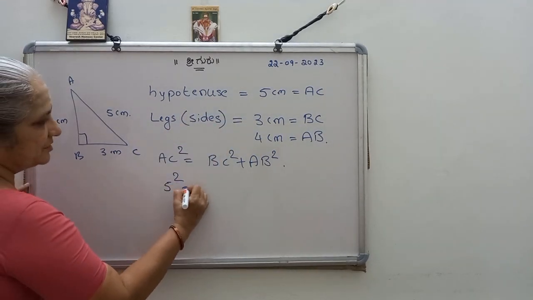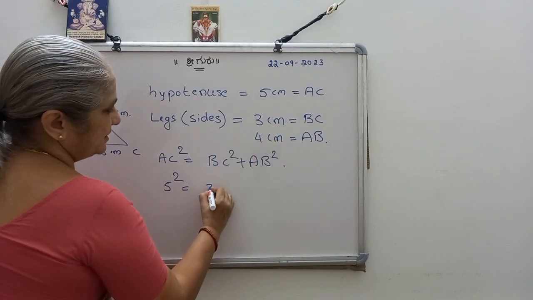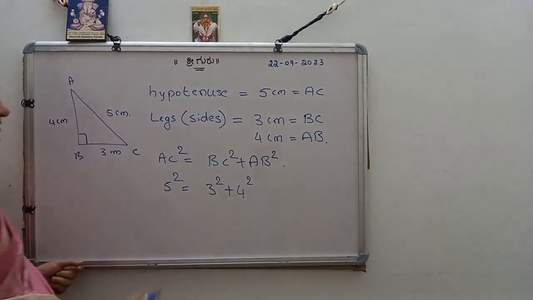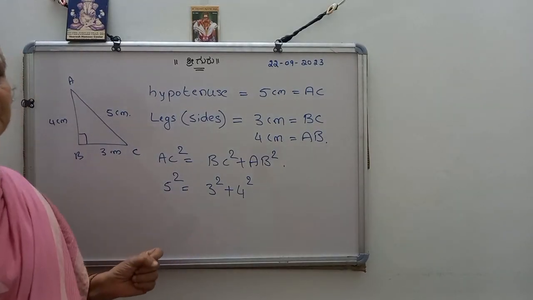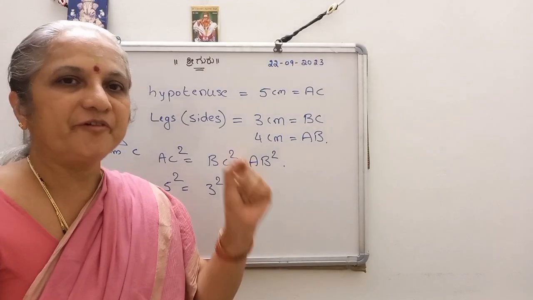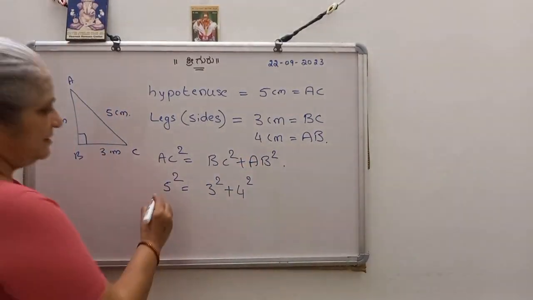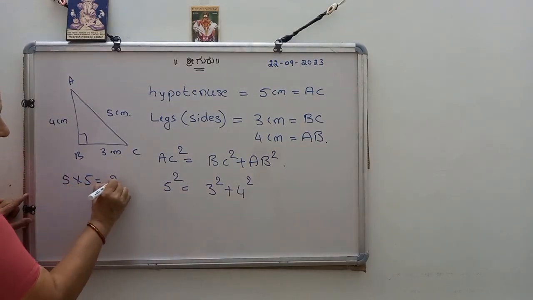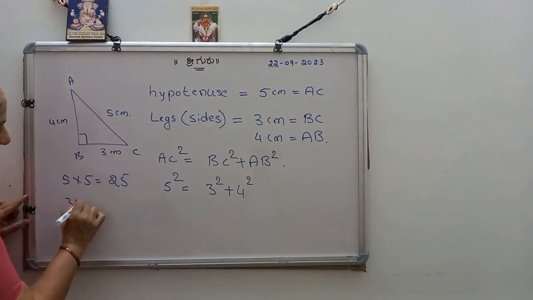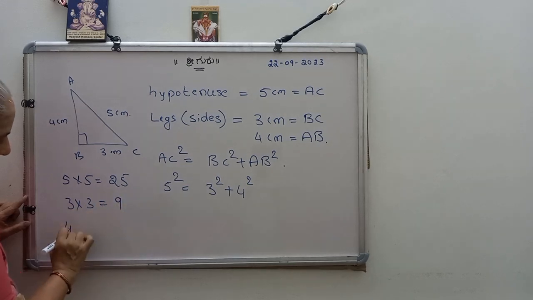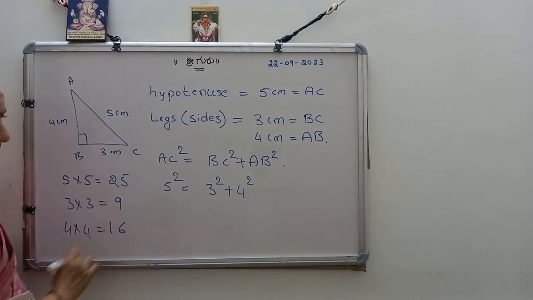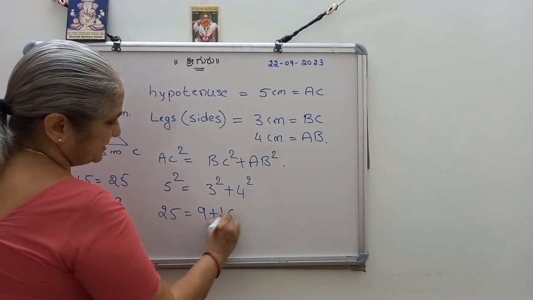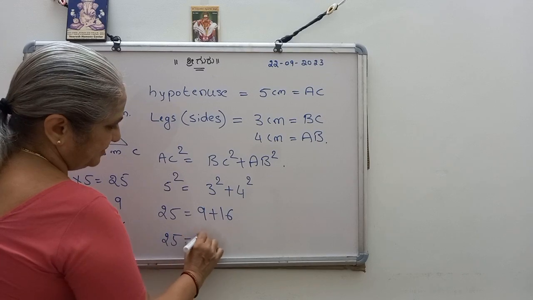So 5 square is equal to BC, which is 3, 3 square plus 4 square, right? What is 5 square? As I told you, 5 square is 5 into 5, which is 25. And 3 into 3 is 9. 4 into 4 is 16. So 25 is equal to 9 plus 16. 25 is equal to 25.